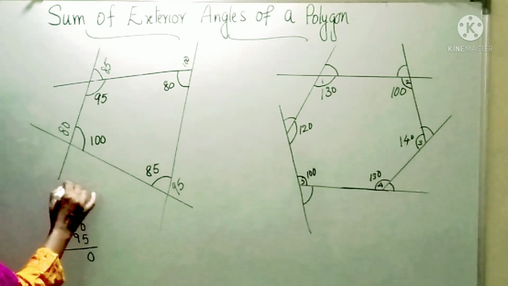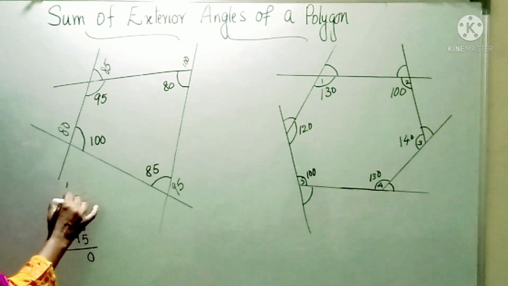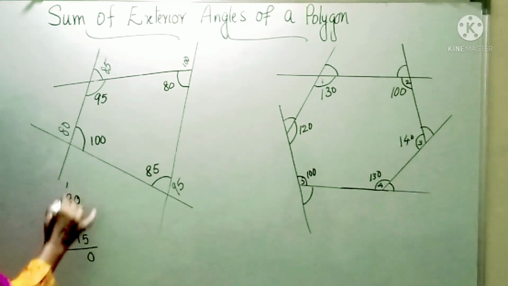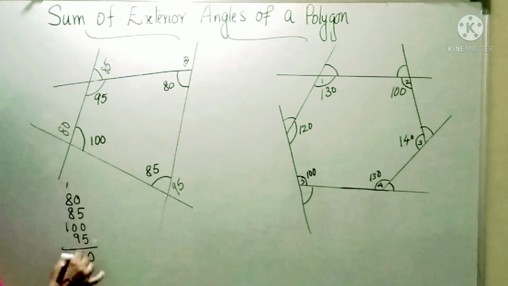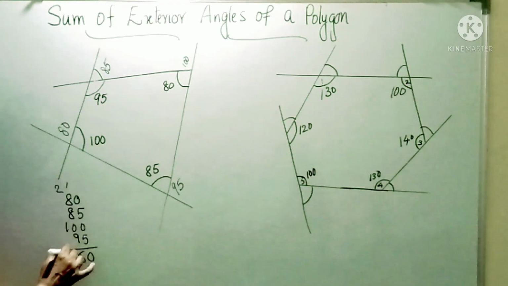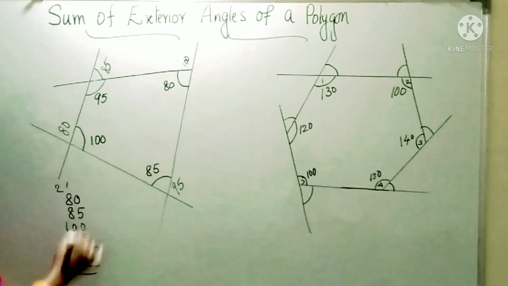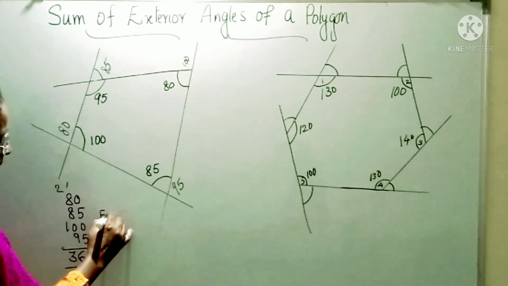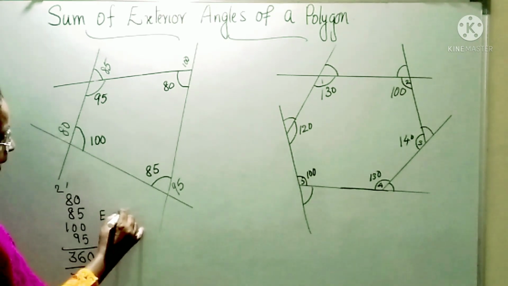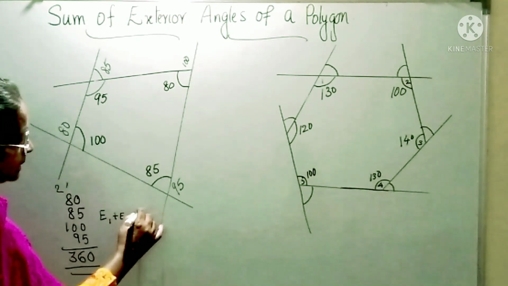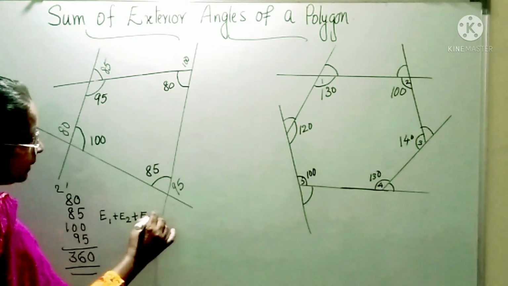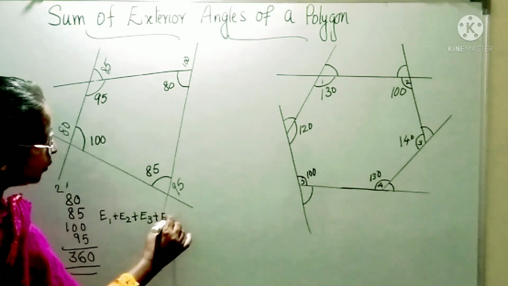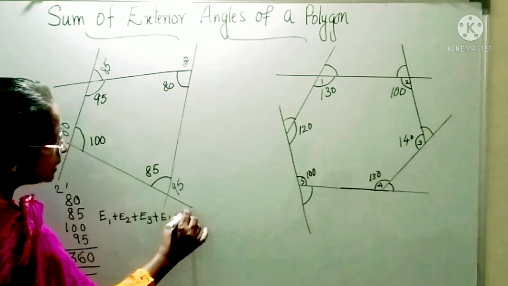Adding: 8 plus 8, 16, plus 10, 26, and so on. So exterior angle 1 plus exterior angle 2 plus exterior angle 3 plus exterior angle 4 is equal to 360 degrees.